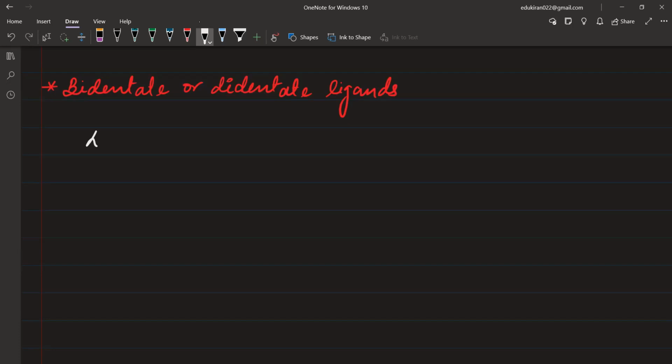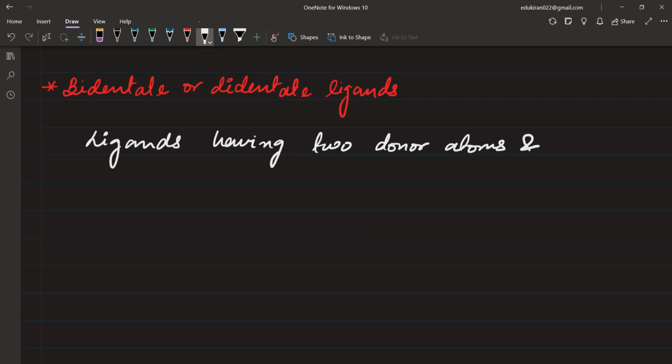Ligands having two donor atoms and can coordinate to the central metal atom from two different positions.